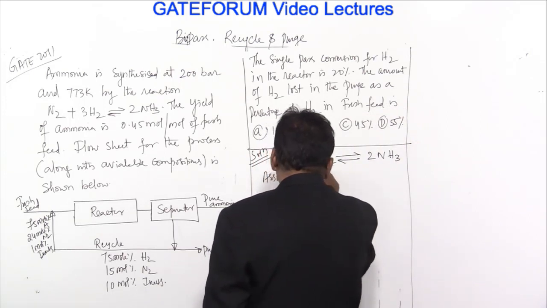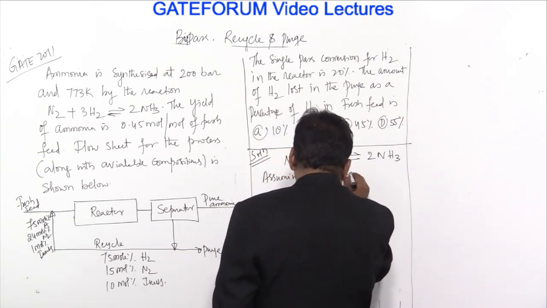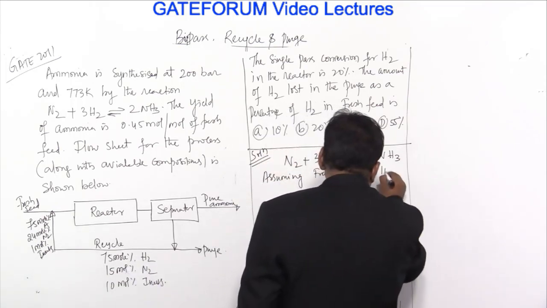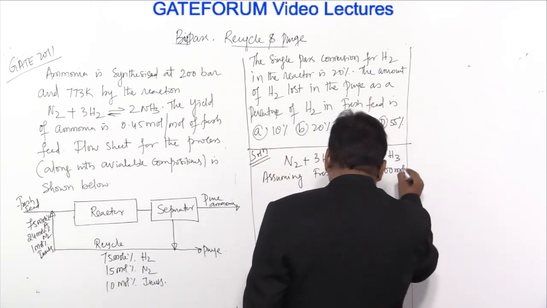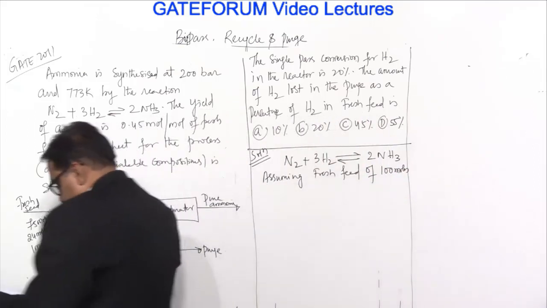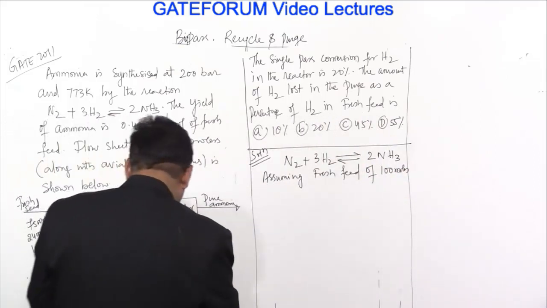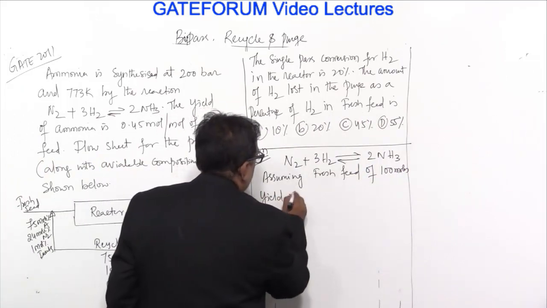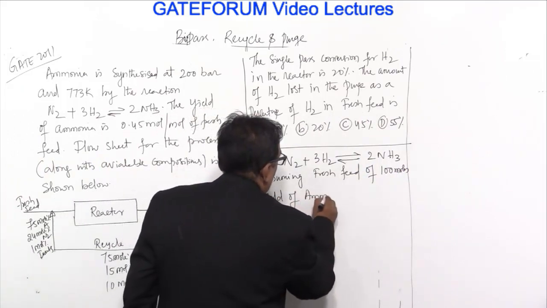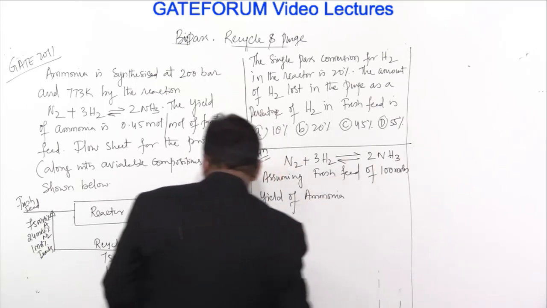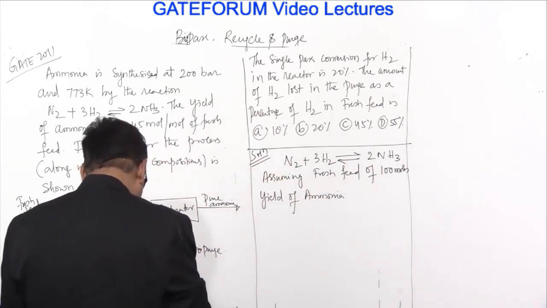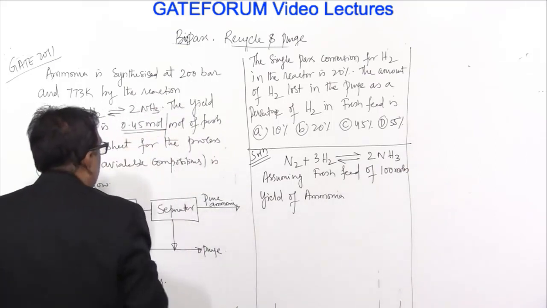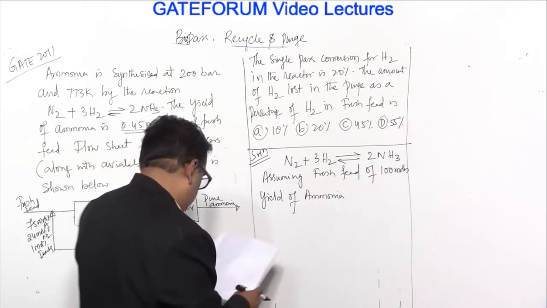Assuming fresh feed of 100 moles, the yield of ammonia is 0.45 moles per mole of fresh feed.